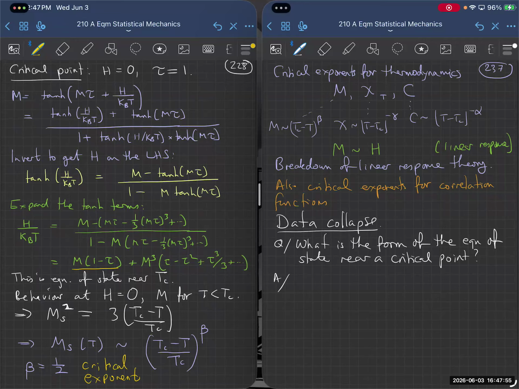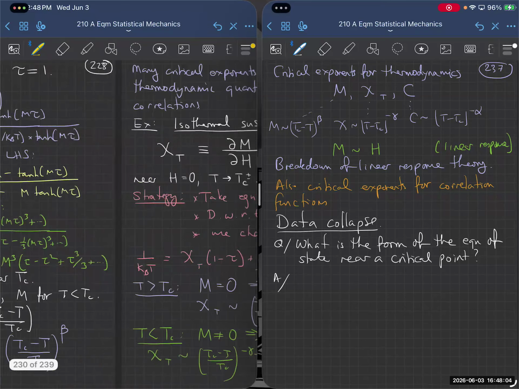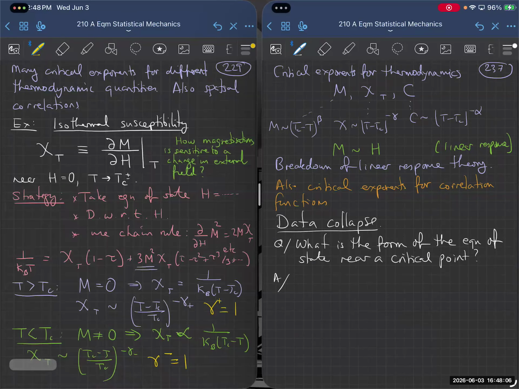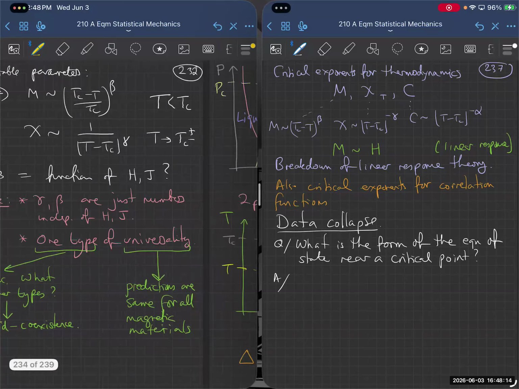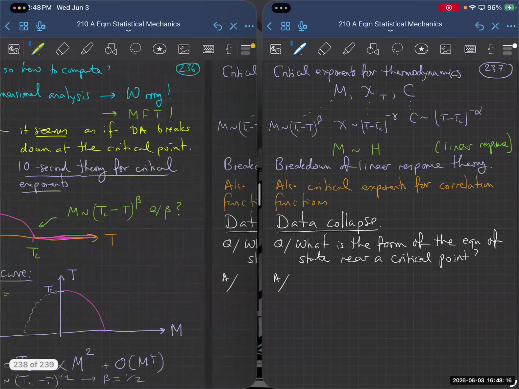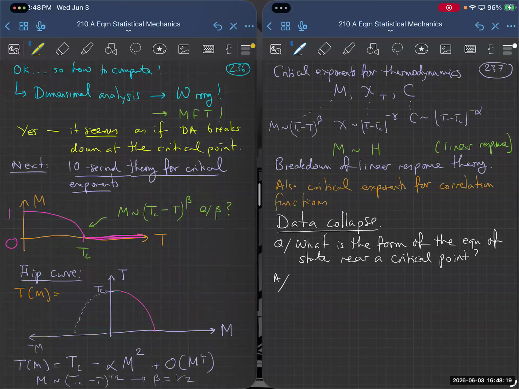Then we simplified it near the critical point and showed that it had a particular power series expansion, and we computed the critical exponents from that. By differentiating the equation of state, we derived the equation for the susceptibility. So we might say, is there a simplified form for the equation of state? And the answer is yes. So let's go and derive that.